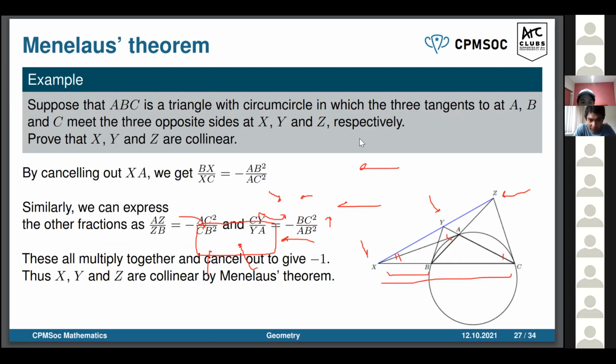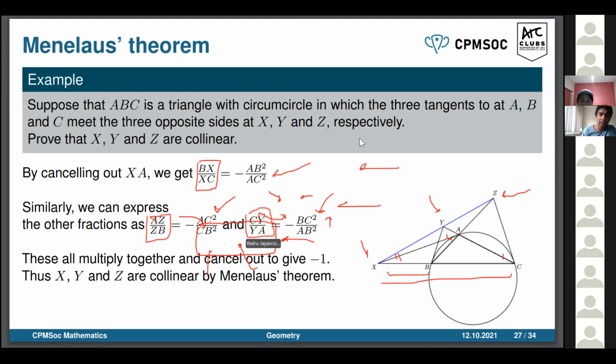These equations are quite nice because they involve the sides of the triangle squared, and we try to apply Menelaus's theorem. Turns out you have to multiply these ratios together.